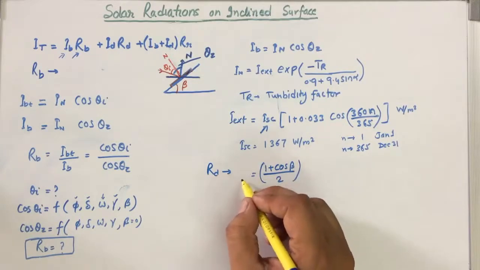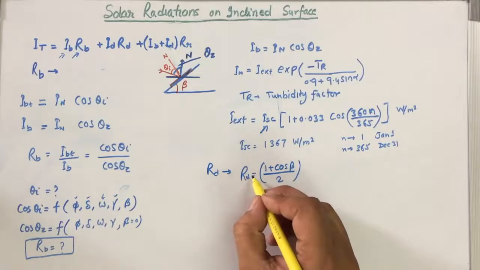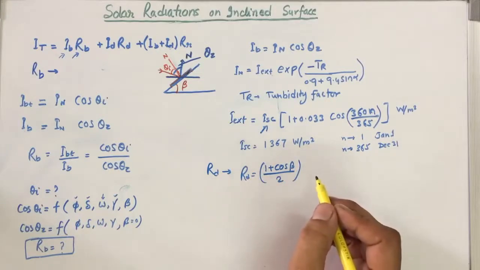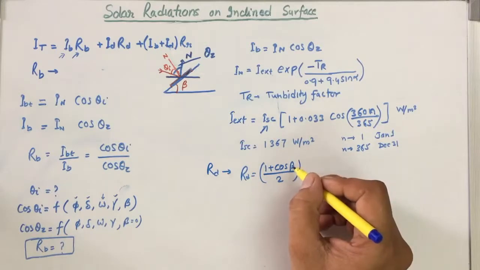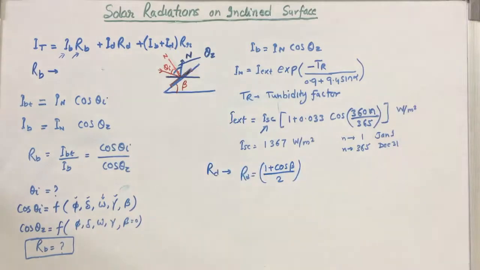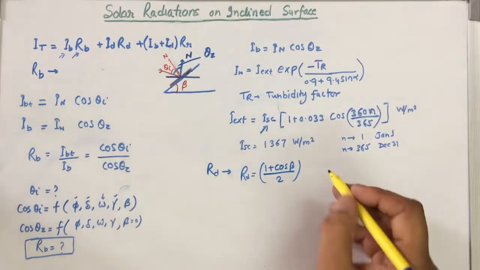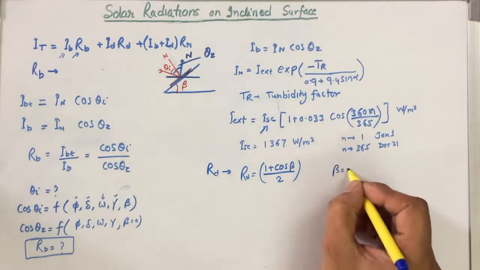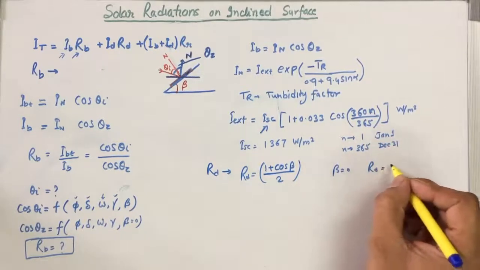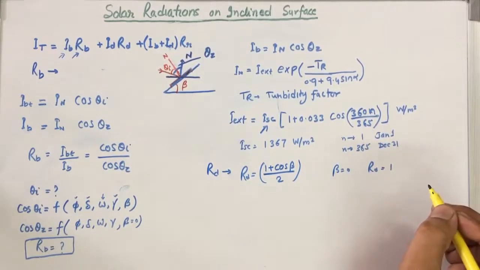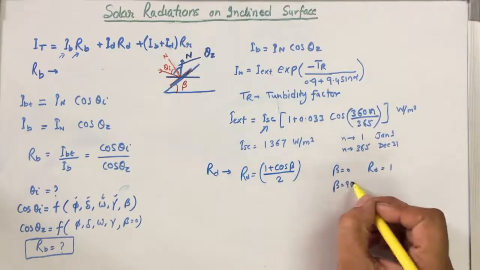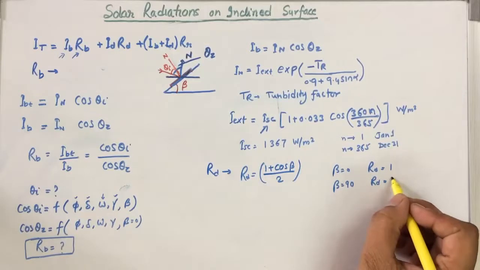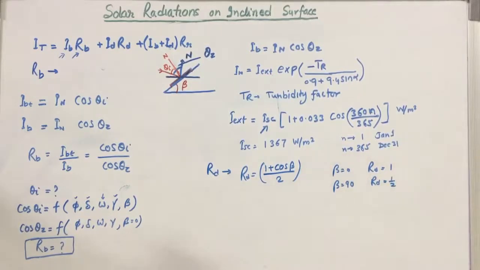This is your RD. So it is just based on the formula. For inclination of 0 degree, it means when it is horizontally placed to the surface, then RD will be equal to 1. Okay, so if it is 90 degree, then RD will be half.